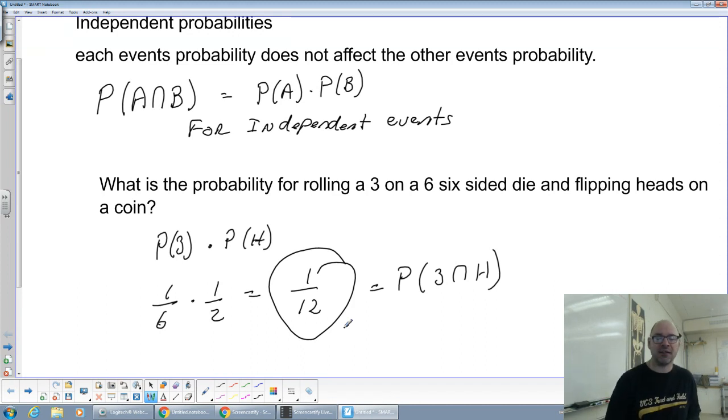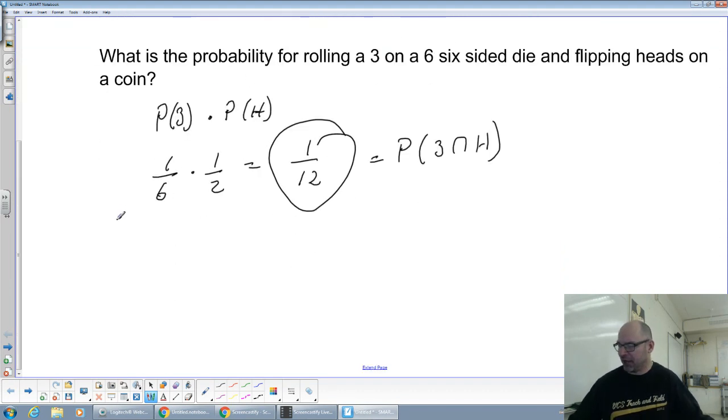Where it gets a little bit confusing is when they start throwing in complementary events and using different wording. Not will be a word that happens a lot, and then there'll be the word or, and you have to decide whether it's the independent formula or the dependent formula.